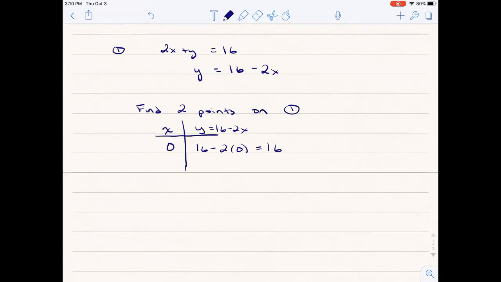You can put any value of x, but I use 0. So this is a point that's on this line. In terms of x, y, when x is 0, y is 16 on this line.